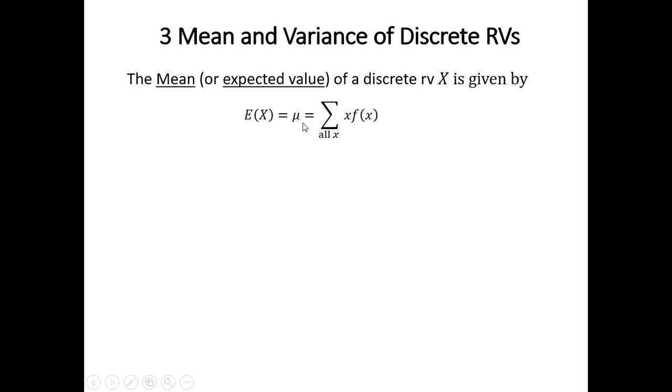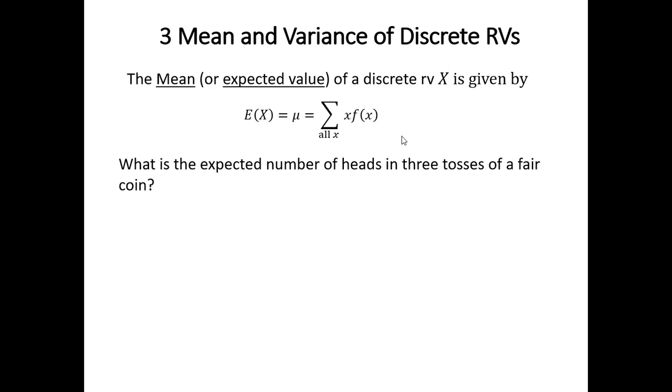It's also a mean, so you'll use this value mu sometimes to denote that it's a mean. And we calculate it by taking the sum of all the products. We look at x times f of x over all possible values of x. So this is a sum of products.